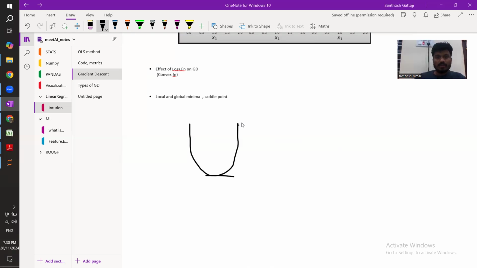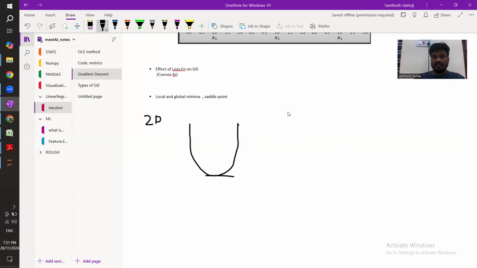Mostly if you are working in 2D it might be this, but if you increase the number of features, like 3D or 4D, the loss function may not always be this. Because if the data is multi-dimensional, as I said, each feature is considered one dimension in machine learning.